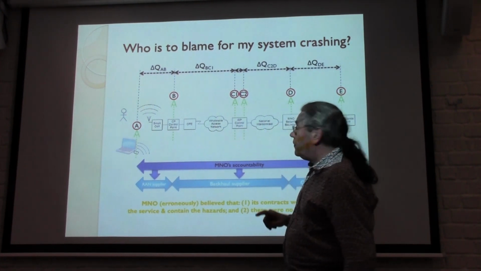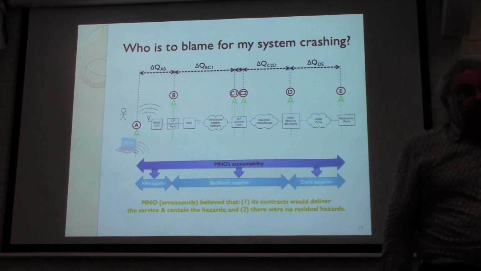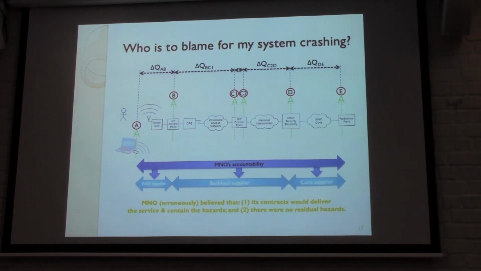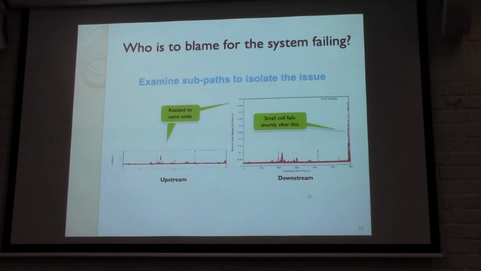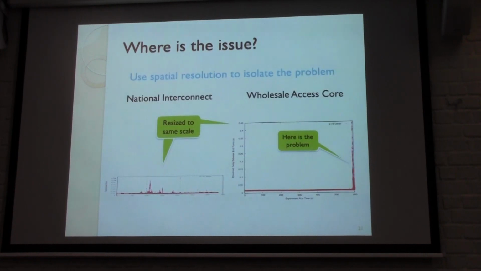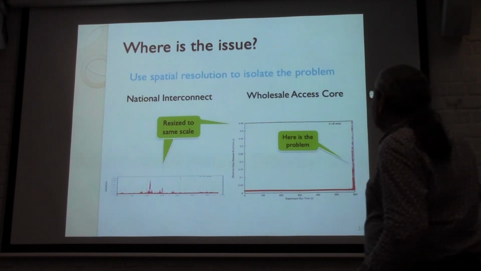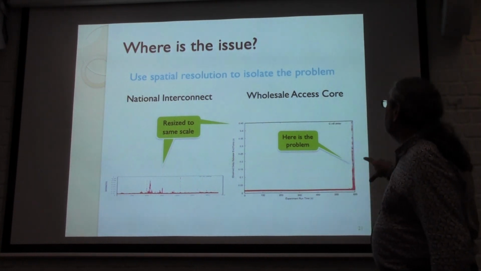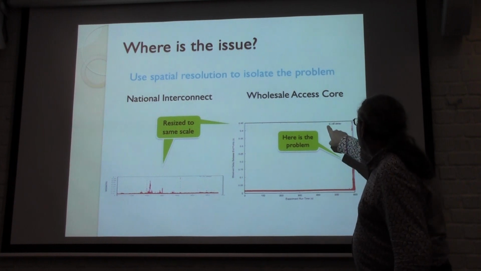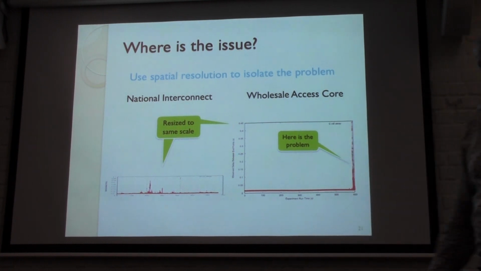These are two companies that are not owned by MNO. MNO has contracts with them, and they are actually obeying their contract. They're not infringing, and still there's a problem. So there's this problem between the national interconnect and the wholesale access core.